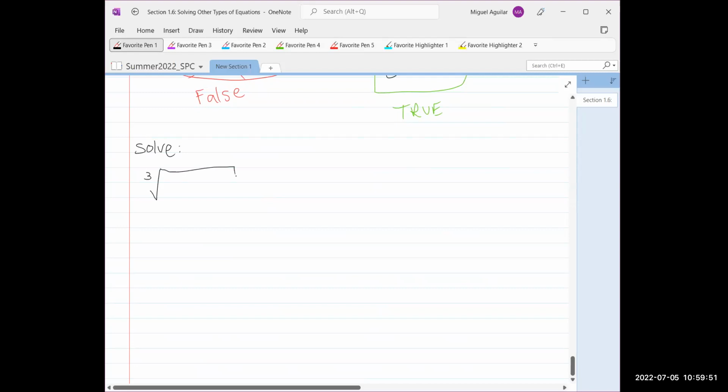The cube root of 4 plus 6x minus the cube root of 1 minus 8x equals 0.